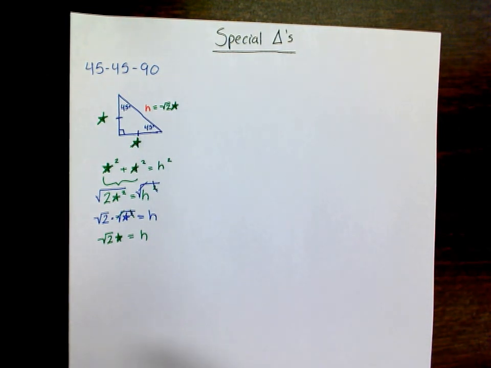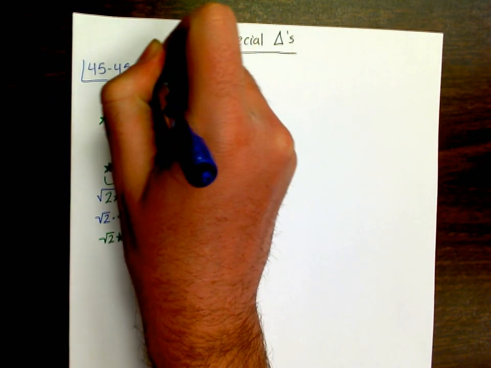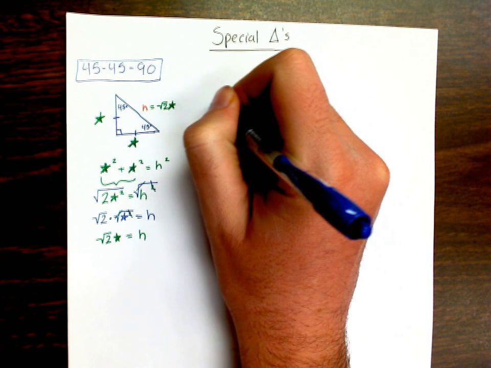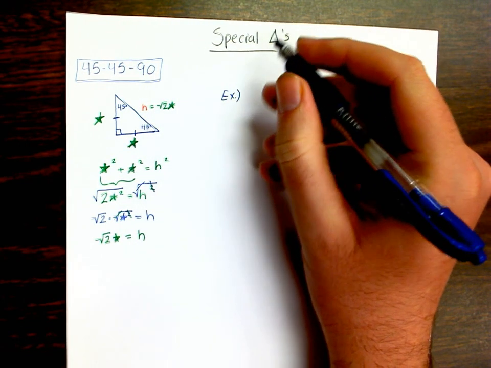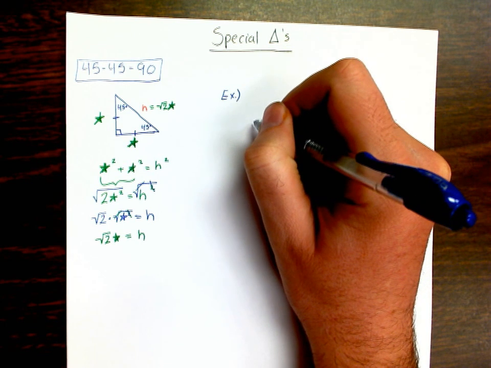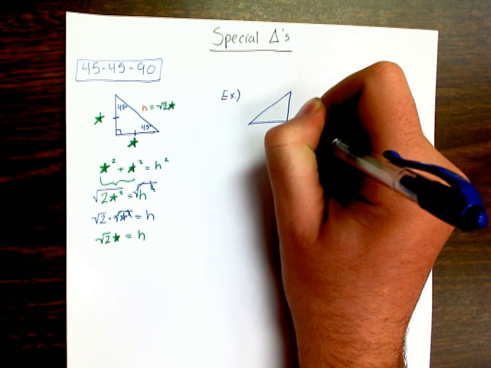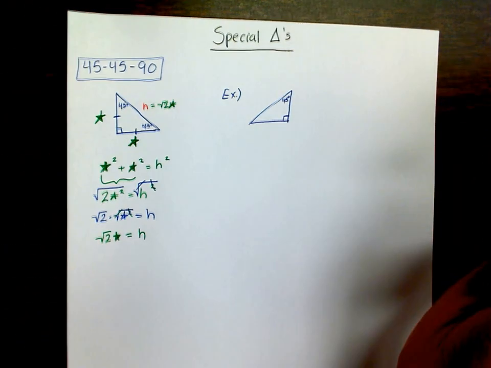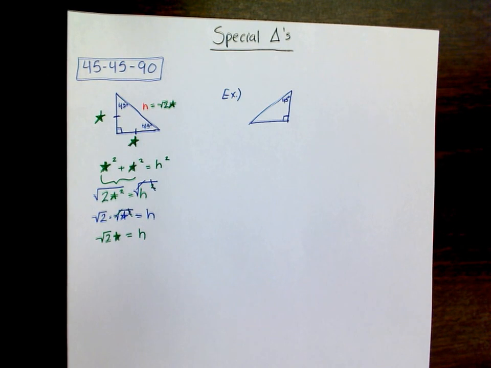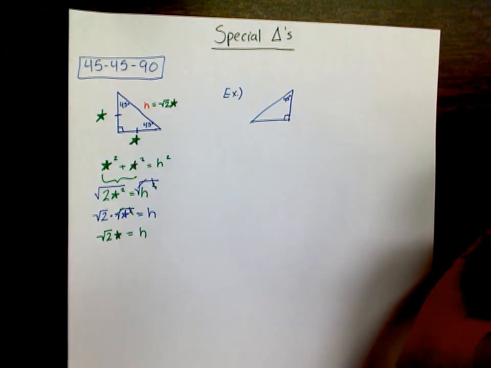Let's come over here. Let's do an example. This is my 45, 45, 90. So an example could be, let's flip the triangle around just so we get used to looking at it in different ways. Alright, 45 degrees. And actually, I really only need to write one of those 45s, because if I have 45 degrees and 90 degrees, the third one has to be 45 degrees.